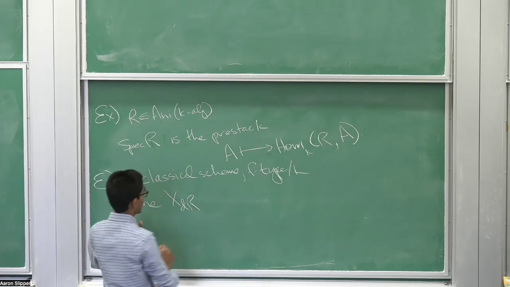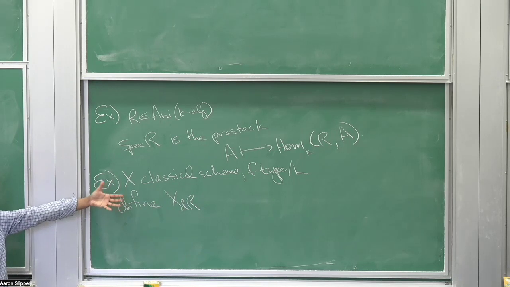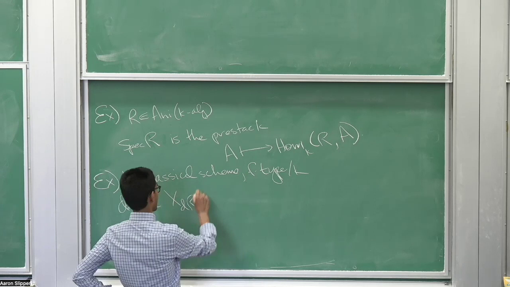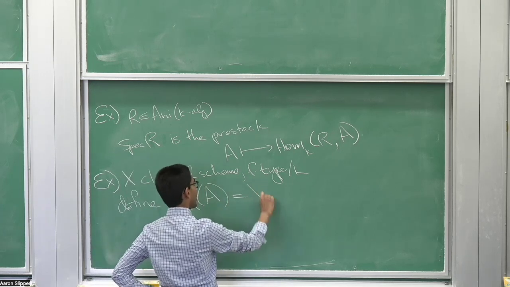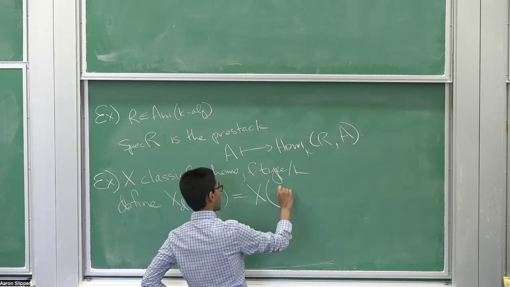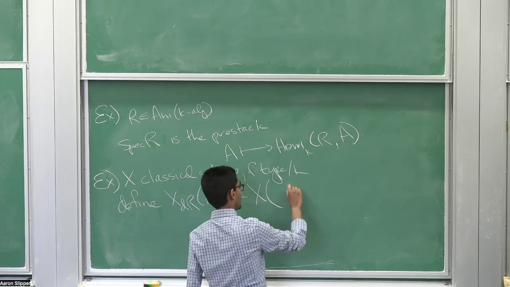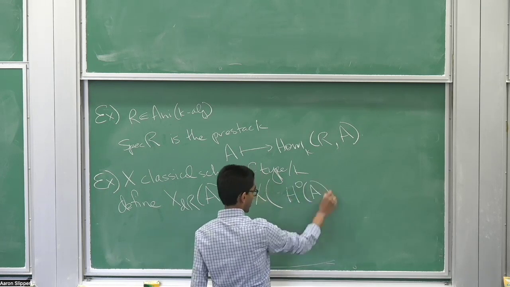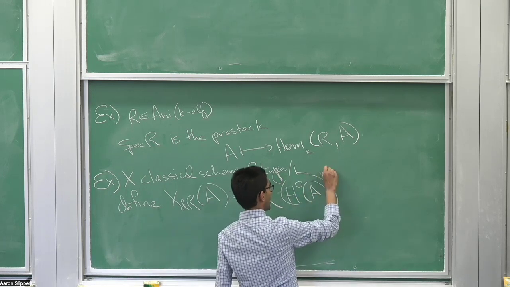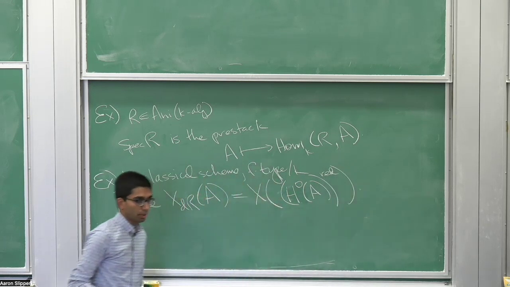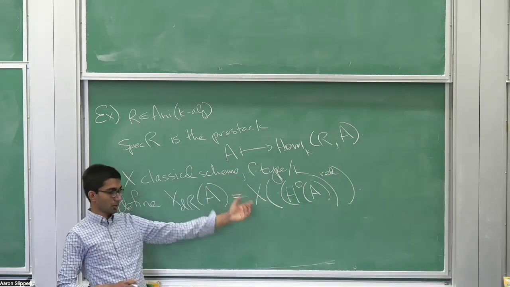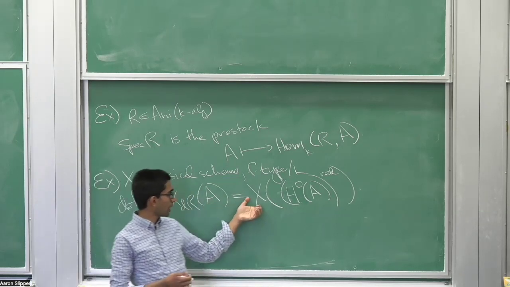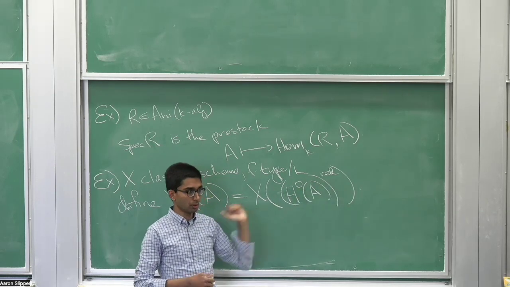This is going to be a functor from animated K-algebras to anima, and explicitly it sends A to the value of X, not on A itself, but on the 0th homology of A, which is a classical ring, modded out by the nilpotents. So we have this example of the de Rham prestack, such that the A-points of it are X applied to the reduced ring of pi 0 of A.